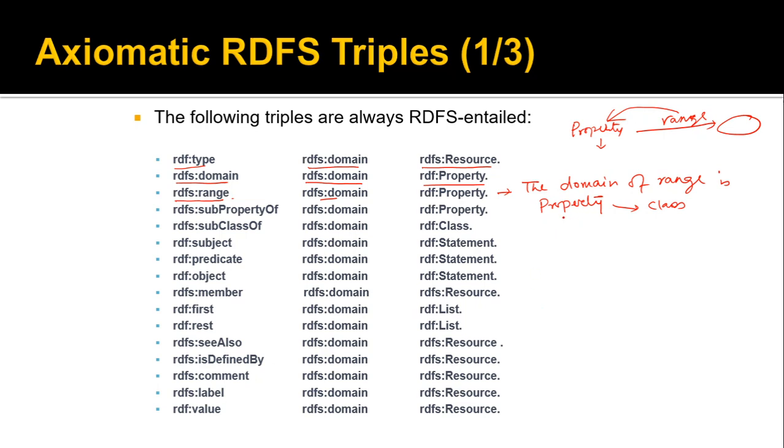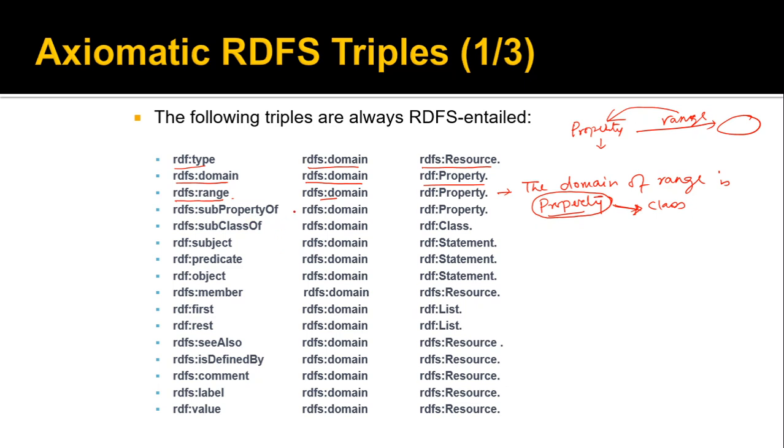You can see that I'm naming this property to be a class, but these properties and the classes are kind of different. But this property is the set of all the properties. As this is a set, you can think of this to be a class. So this is a class of all the properties. So the domain of range is the property class. This is how you should read it.